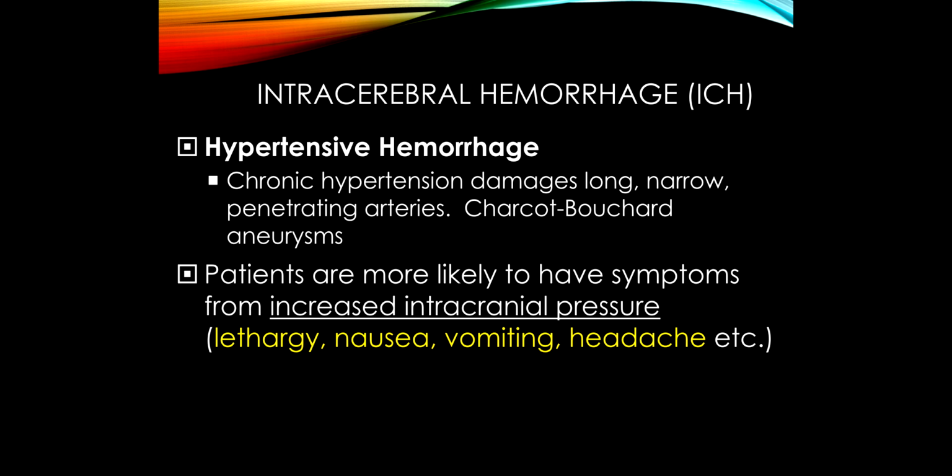But one feature that can be a clue is you're now introducing a new volume into the brain, right? Unlike an ischemic stroke where you're just having an area of the brain that dies. Now we have an increased volume in the brain from all that blood, and so patients have symptoms of increased intracranial pressure, which remember include a lethargic, confused patient.